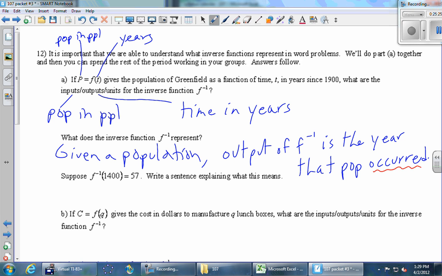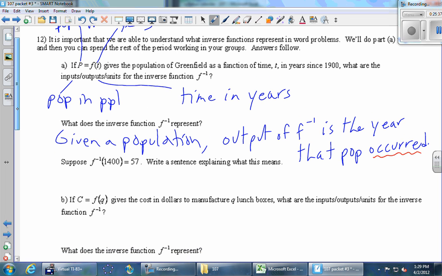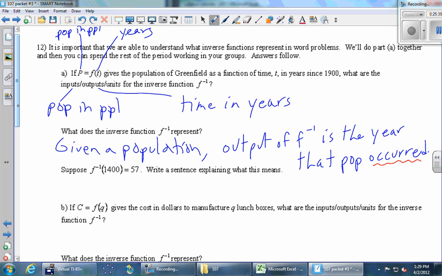Okay, let's go to this last part here. Eric? Suppose f inverse of 1400 is 57, right? Okay, so let's see if we can figure out what those numbers are. 1400 is an input, but you got to make sure you know it's the input for which function? For f inverse.